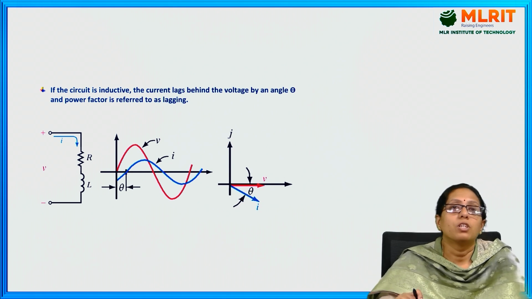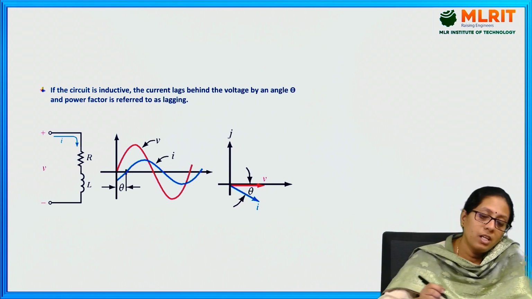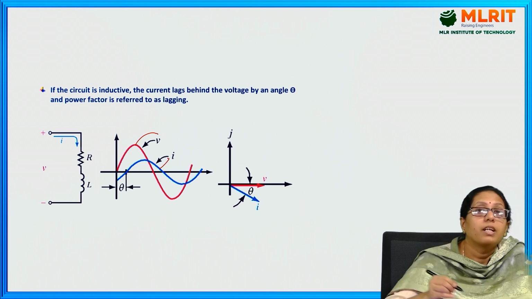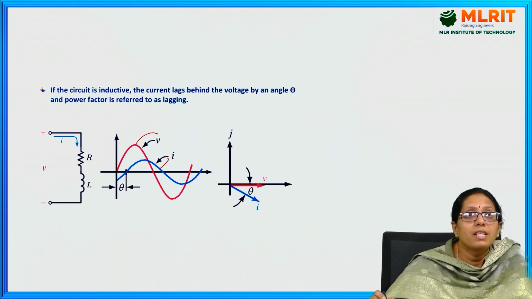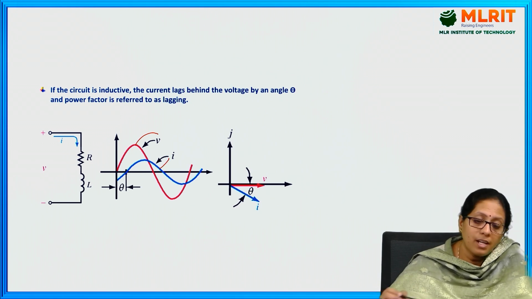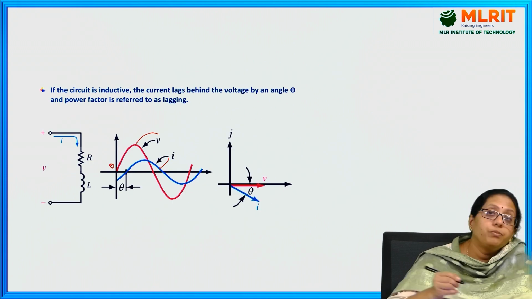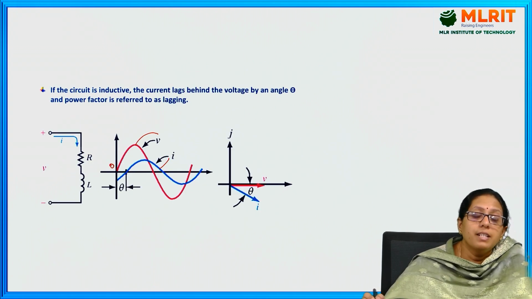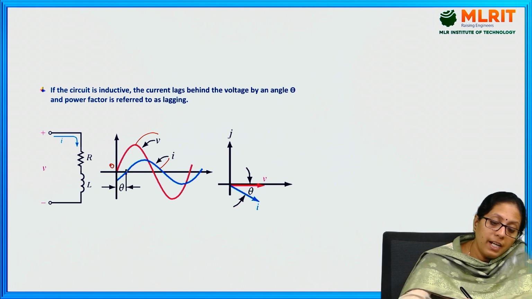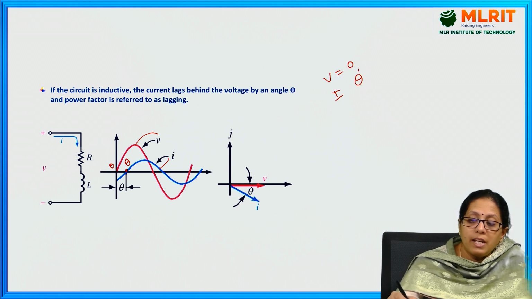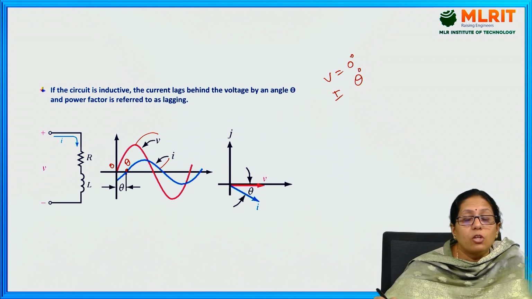In this picture, you can see this is the voltage, this is the current. Here you can see the voltage is starting at 0 and the current waveform is starting at a particular point, theta degrees.